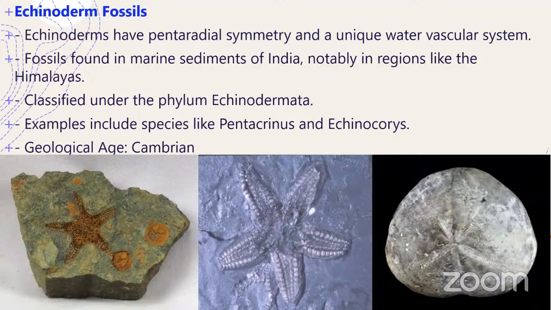Next, these are the echinoderm fossils, with a unique water vascular system, found in marine sediments. Echinoderms have pentaradial symmetry. You can divide this word: penta, 1, 2, 3, 4, 5, radial, pentaradial structure.